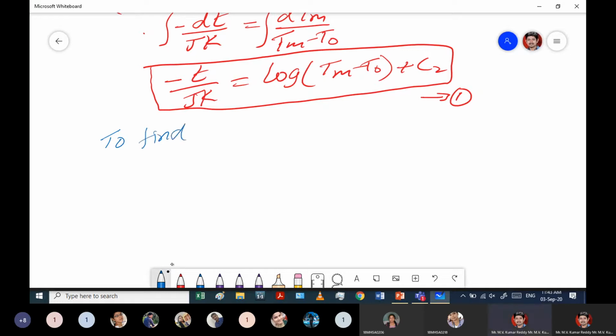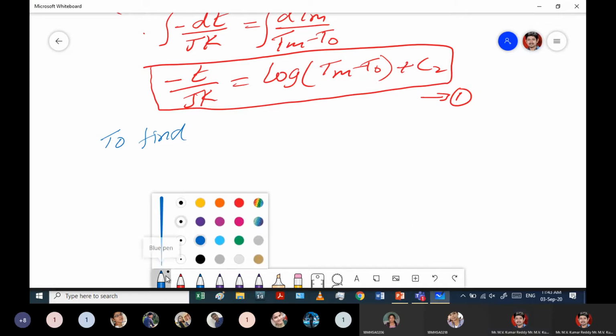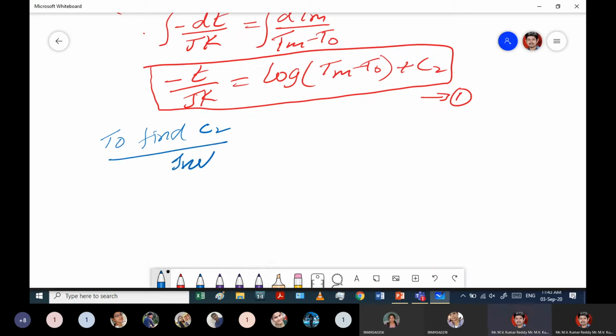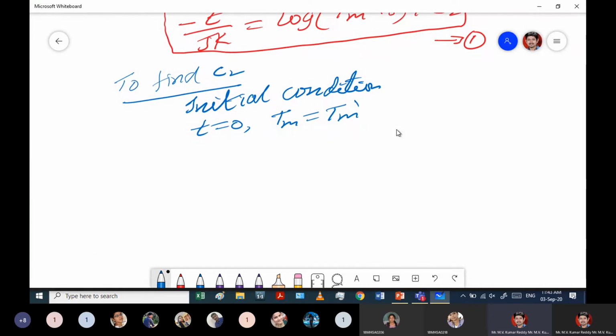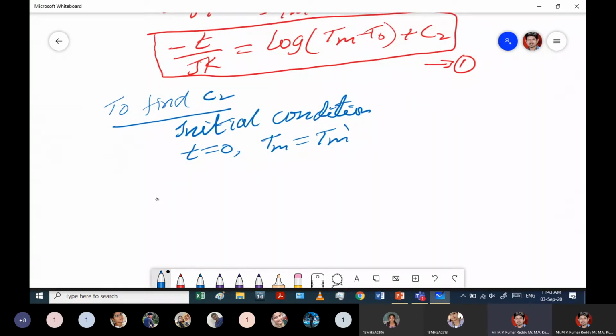To find C2, we go through the initial conditions. The initial conditions are t is equal to 0 and Tm is equal to Tm dash. Substitute these values in the above equation.